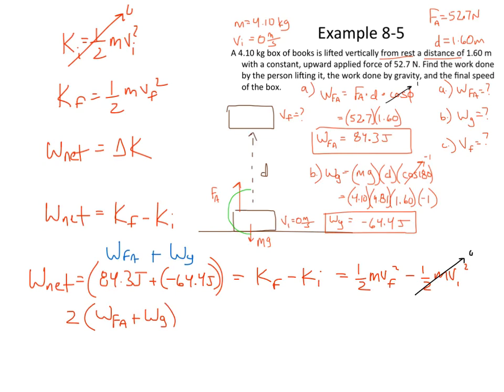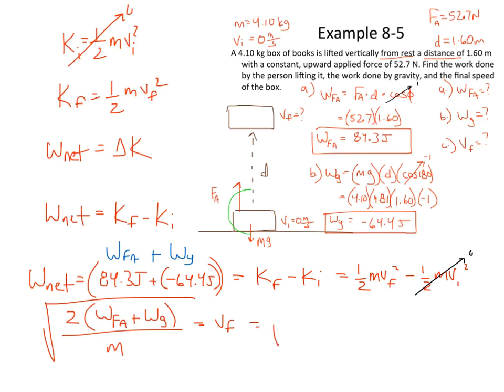That 2 is going to get multiplied up, and our m is going to get divided down, so that's going to be put down here. And that's going to give us final velocity squared. Well, we don't want final velocity squared. We want just final velocity. So we square root the whole thing, and that's going to give us our final velocity of the box.